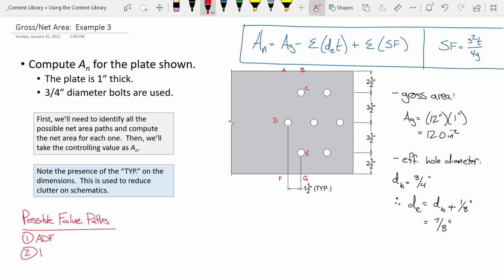Okay. Hold on. I can do better than that. So there's B, C, D, E, G. Are there any others? B, C, D, F, but is that mirrored? Yes, it is.